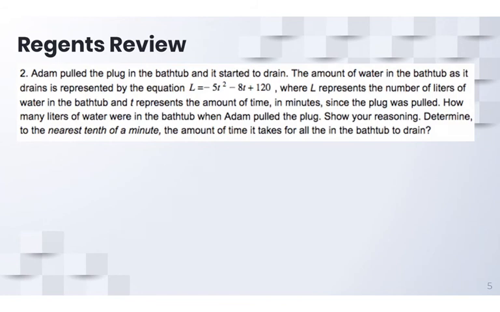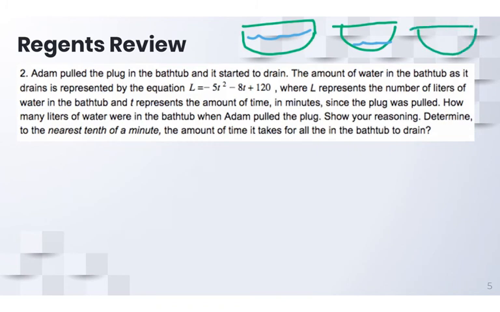So it's really important. Sometimes you might even want to just draw a picture of a bathtub. Here's the bathtub, and here's the water, and then after a certain amount of time, you'll have less and less water until you have no water. All the water's gone. So they give you an equation, and if you notice, the squared there, the negative 5t squared, lets you know that this is a quadratic function.